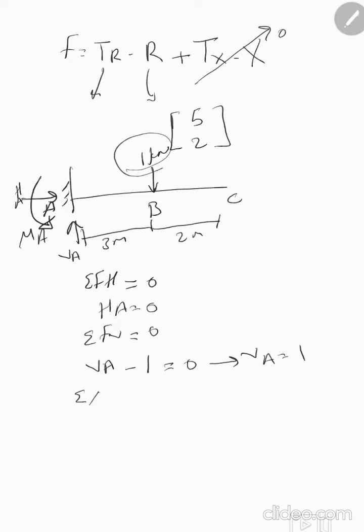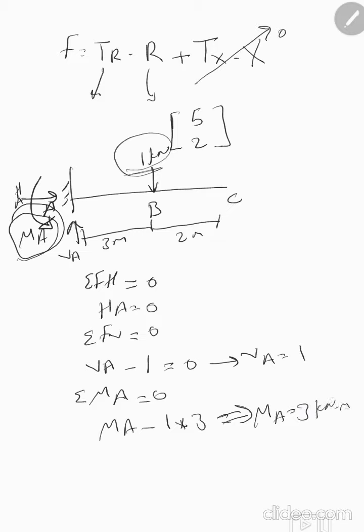Then summation of moment at node A equals 0. We have the moment MA, minus the assumed force 1 times the distance 3, which leads to MA equals 3 kilonewton meter.